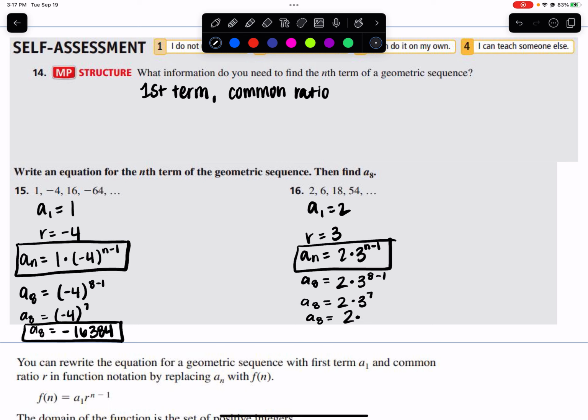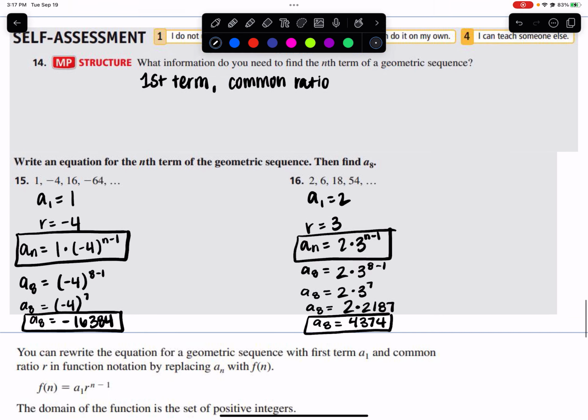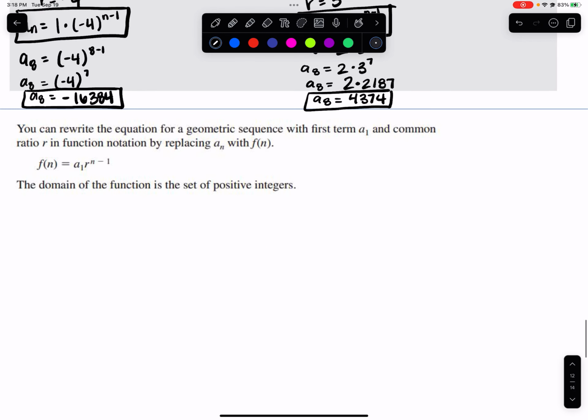I get that 3 to the 7th power is 2,187, and then multiply that by 2. And we get that a sub 8, or my 8th term, is 4,374. Just like with arithmetic sequences, you can use function notation just by replacing a sub n with f of n.